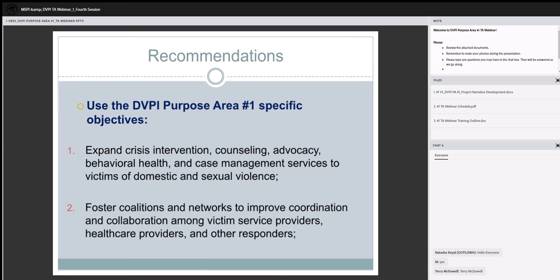So DVPI, Purpose Area 1, specific objectives include: expand crisis intervention, counseling, advocacy, behavioral health, and case management services to victims of domestic and sexual violence. Number 2, foster coalitions and networks to improve coordination and collaboration among victim service providers, healthcare providers, and other responders.